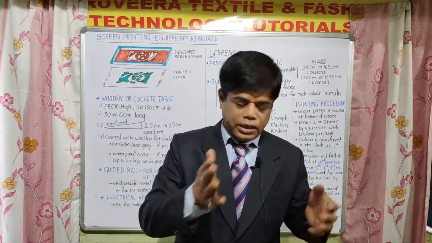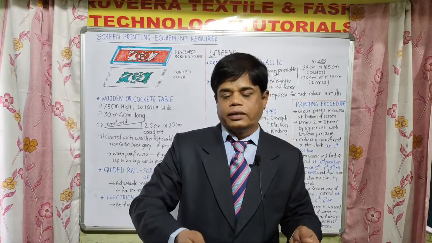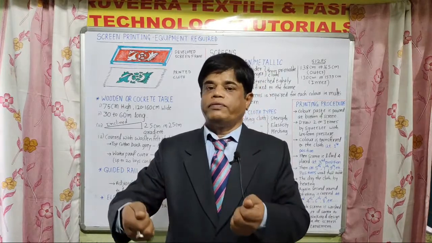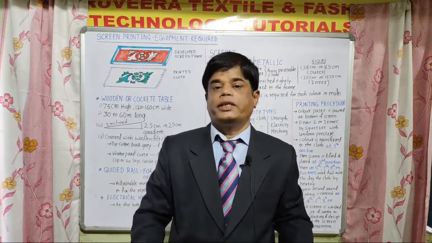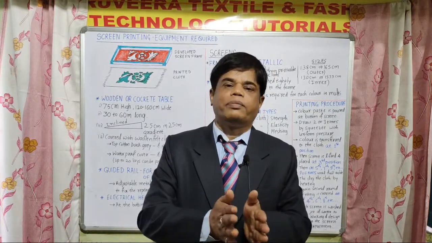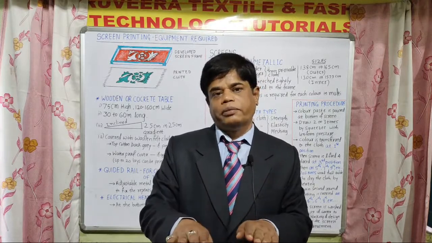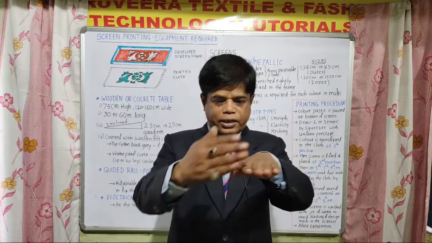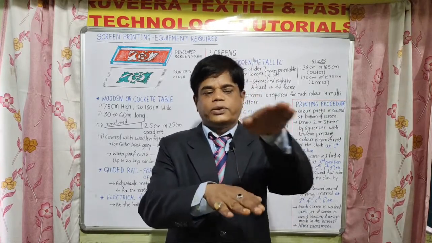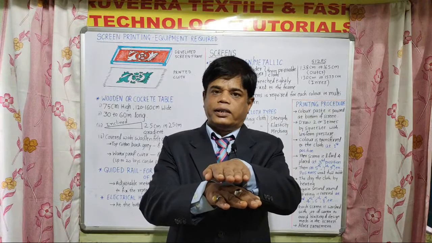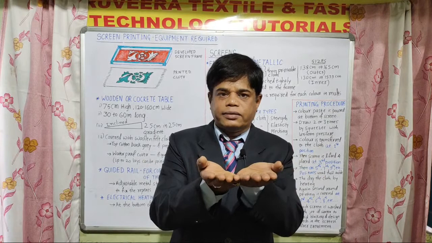After a stroke of one screen, it has to be shifted and placed at the next place. On what basis does he place it? There should be correct proportion and precision, and continuation of the repeat. If we print one stroke of the design here, then the next repeat has to come side by side correctly, with the gap between the two designs.